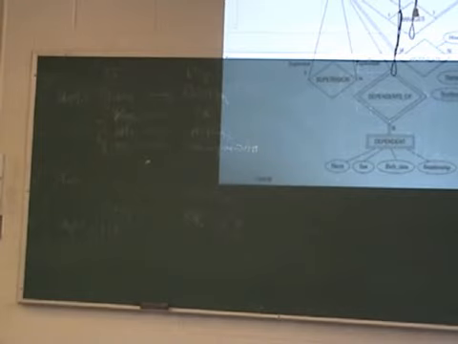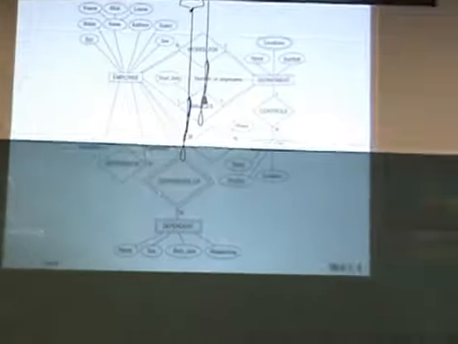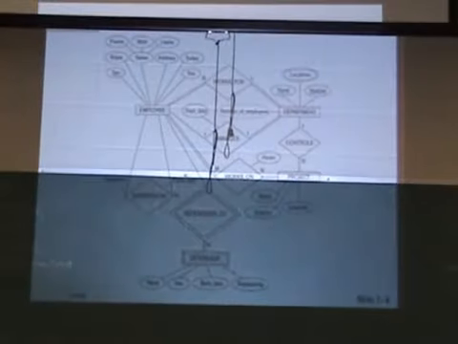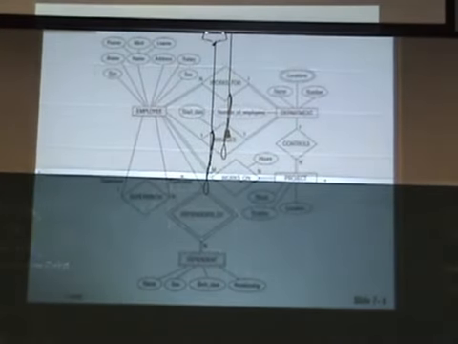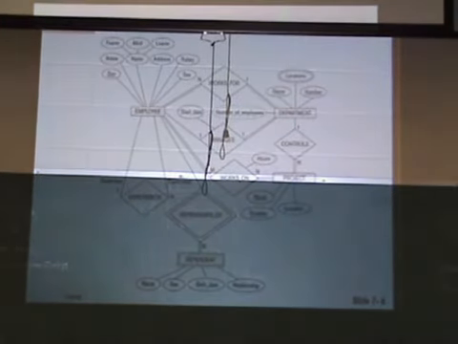Do we have a one-to-one relationship here? Yes, manages. Manages is one-to-one between employee and department. In other words, one employee manages one department. One department is managed by one employee.